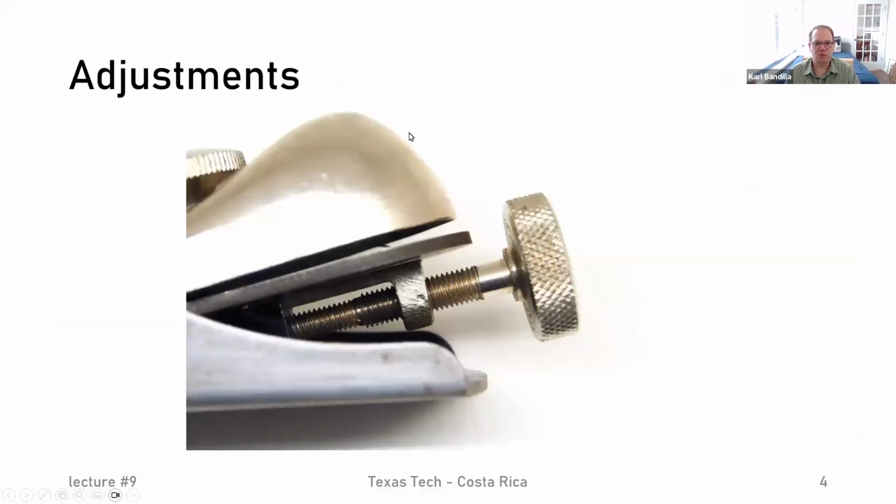We also use it for adjustments. So here's a little tool, and basically that angle is being adjusted by opening and closing this, or turning the screw on the back here. Does anybody play piano by any chance in this group? Yes.